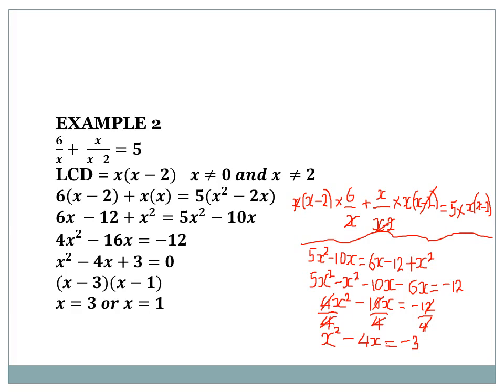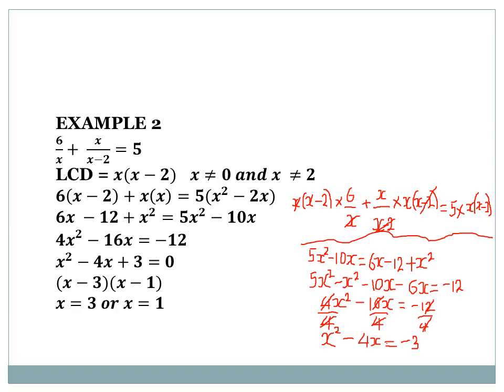So now we want the coefficient of x squared to be 1 so that we can easily solve. So first we have to check if the coefficient of x squared can divide the equation, and we can see it can. So 4x to the power 2 divided by 4 will give us x to the power 2.